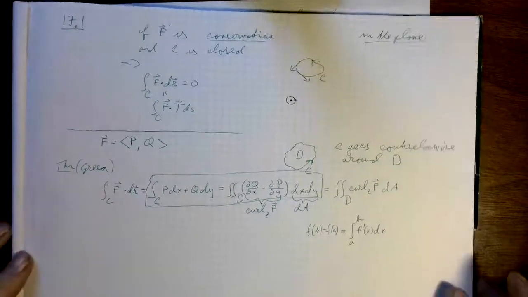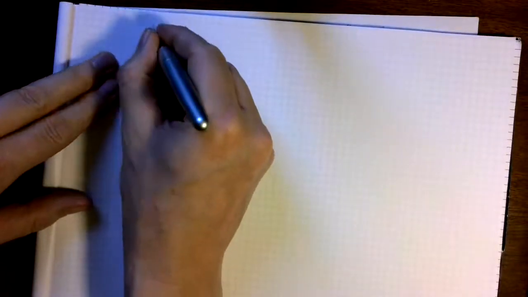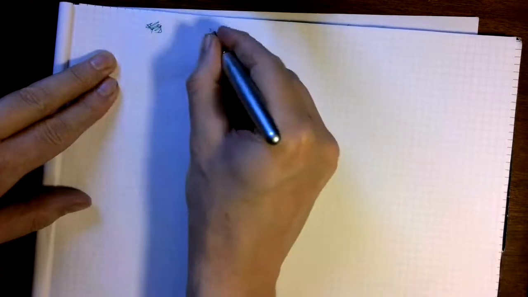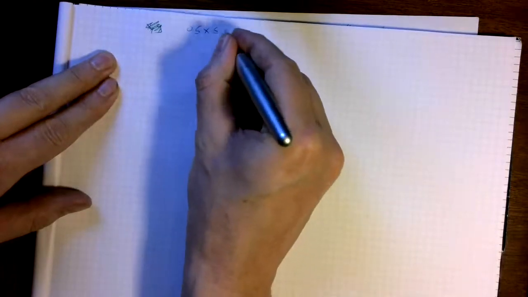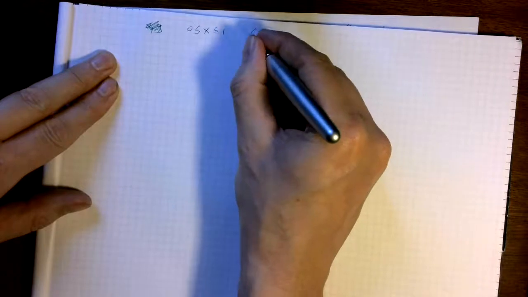Okay, we're not going to prove it, but let's see how it relates to the fundamental theorem of calculus in one variable. Let's suppose that x is between 0 and 1, and y is between 0 and 1.